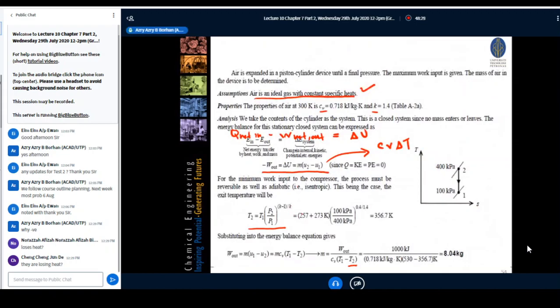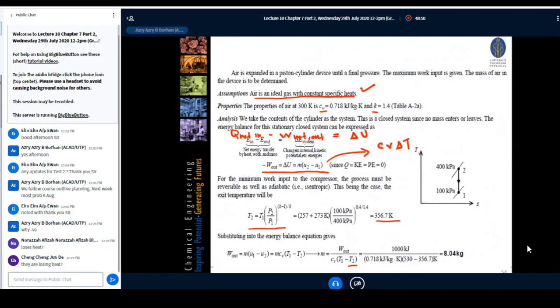So from there, let's say T2 has this value. Then substitute inside your energy balance to get your answer. So probably it is close to 8 kilogram of air. That's the mass of the air for this particular problem.